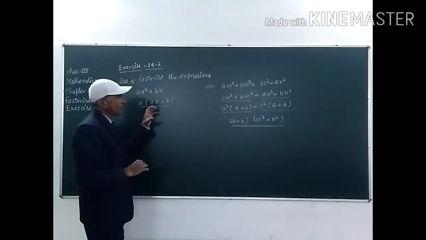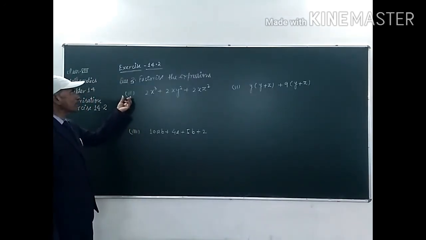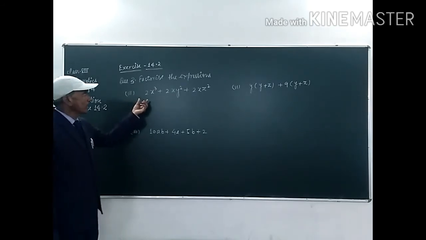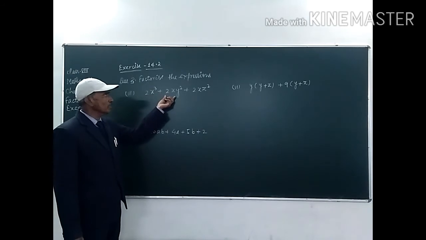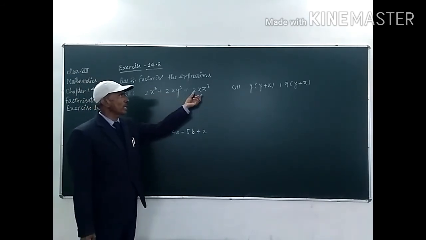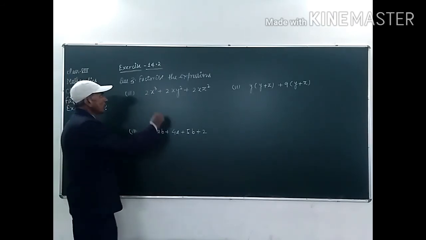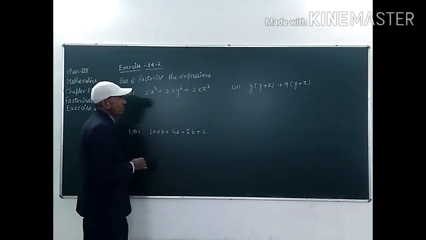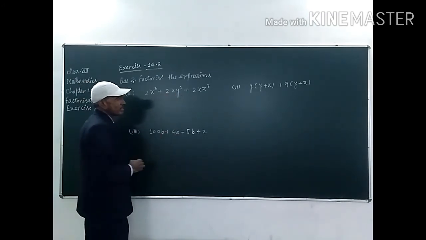Now we will solve the next part of this question. This is the third part of question number three, students, and in this there is 2x cube plus 2xy square plus 2xyz. We have to factorize this. So in all three terms, students, there is 2 and x common.